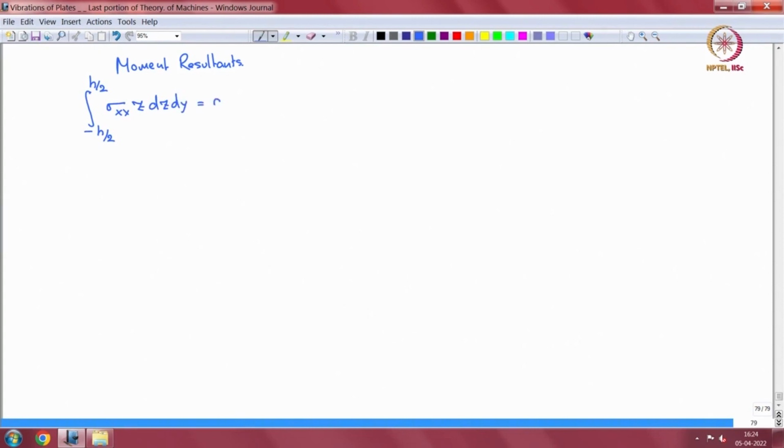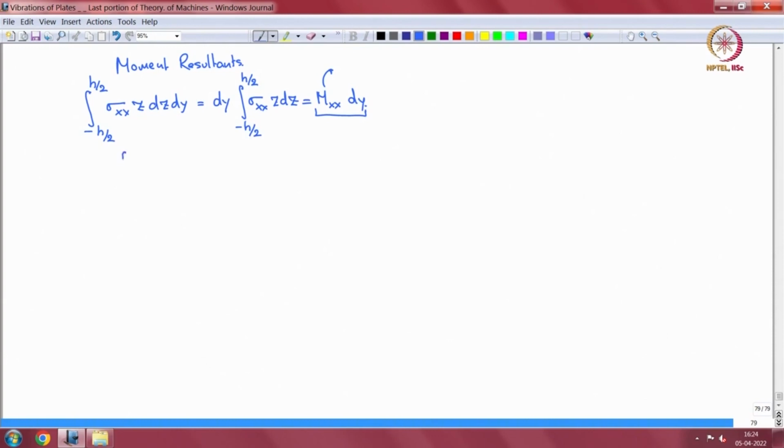So this becomes equal to dy times the integral from minus h by 2 to h by 2 of sigma xx into z dz, okay. Now that is mxx into dy. So this is a full moment, this is a moment resultant.